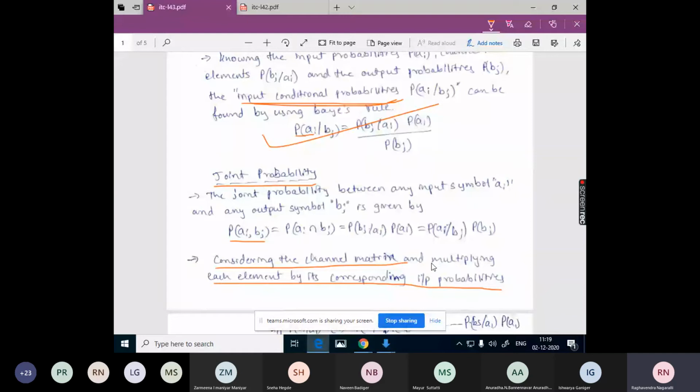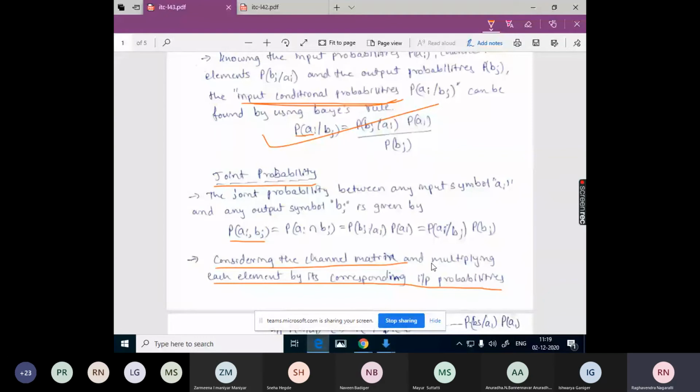Okay. So next, from property 1 of JPM, P of B1 is 1 by 3. It is equal to what? Sum of all these probabilities. So sum of first column will give you P of B1. Sum of elements of first column is P of B1. So that is what we are writing.